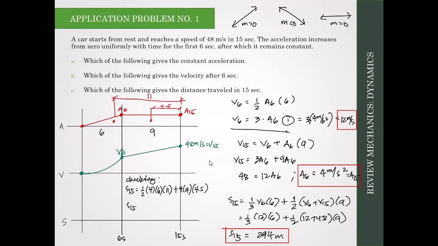So S15, pag kinalculate natin, 0.5 times 4 times 6 times 11 plus 4 times 9 plus 4 times 4.5. That is also 294 meters. So, check, no? The same as the answer dun sa isa. Okay?